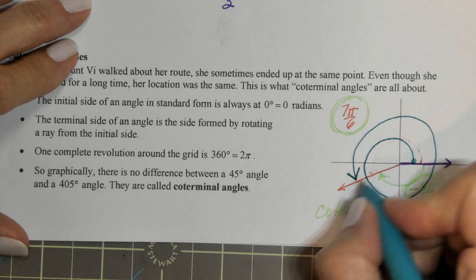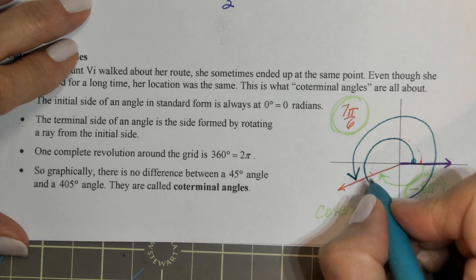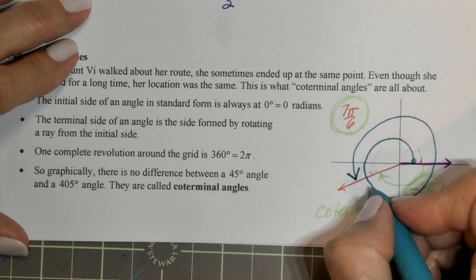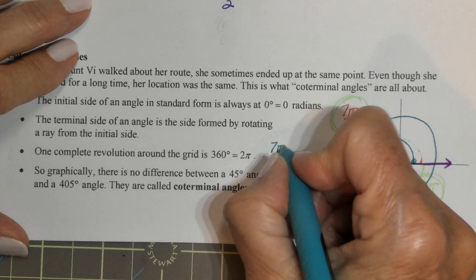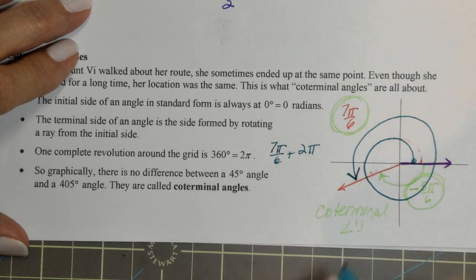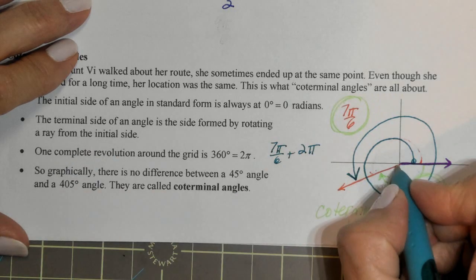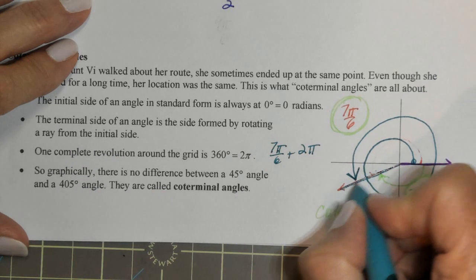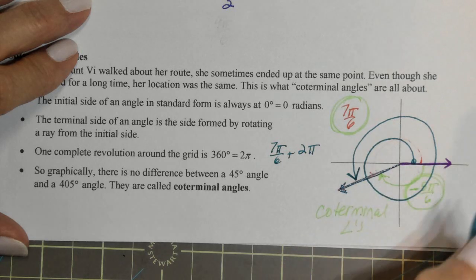That would be 7 pi over 6 plus 2 pi. 7 pi over 6 plus 2 pi would get me another coterminal angle with 7 pi over 6 and negative 5 pi over 6. Okay? Graphically, the ending is no different.